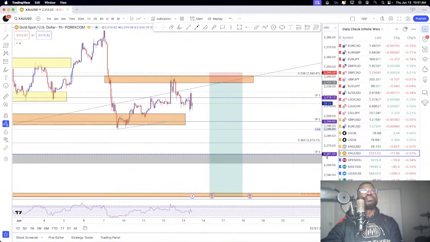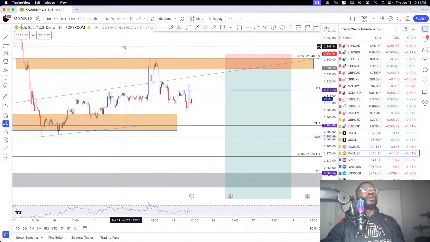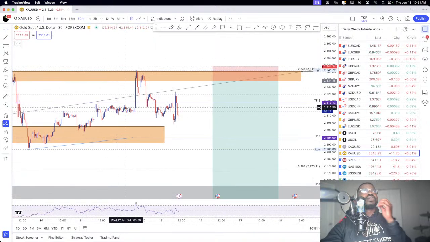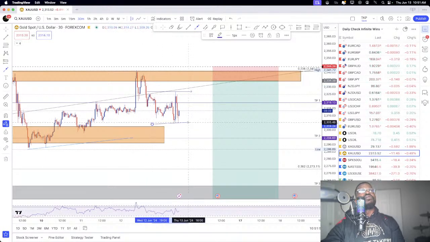So we can still actually get into this trade. There's always a way. And once you really understand price action itself, I do use some indicators, but they're only for confirmation. We are price action traders.